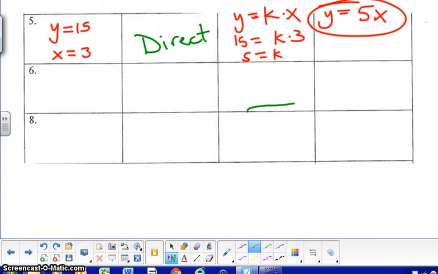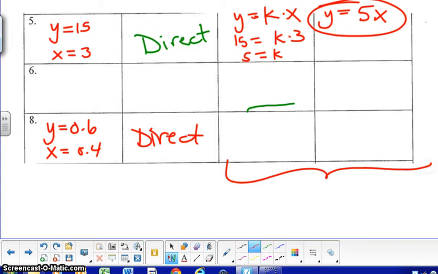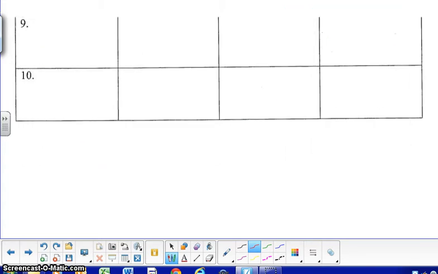That's your equation of variation. Okay, now for inverse, which, nope, not yet. Direct is still number 8. You are given y equals 0.6 and x equals 0.4. I want you to solve for both of those boxes, and then we'll go over that in class tomorrow.